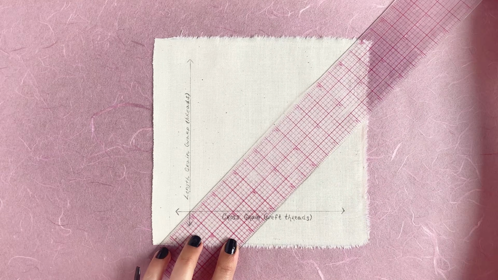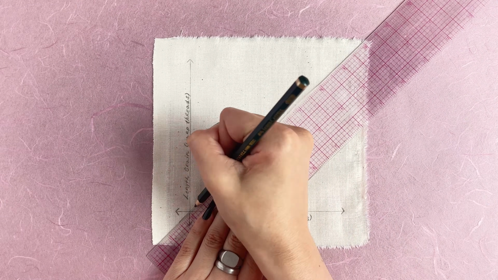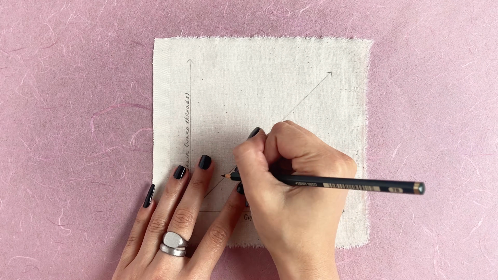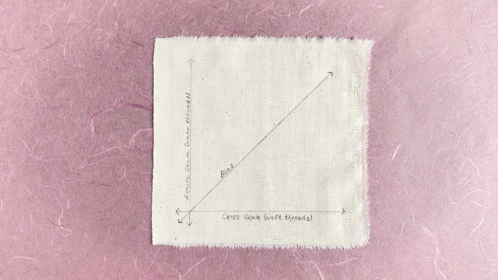And there is one more important grain direction, the bias grain, which runs diagonally across the fabric. Every pattern piece you cut interacts with one of these directions.